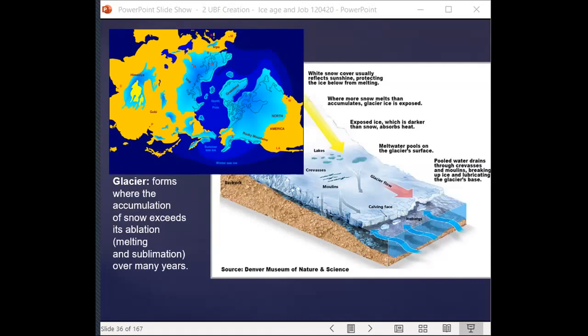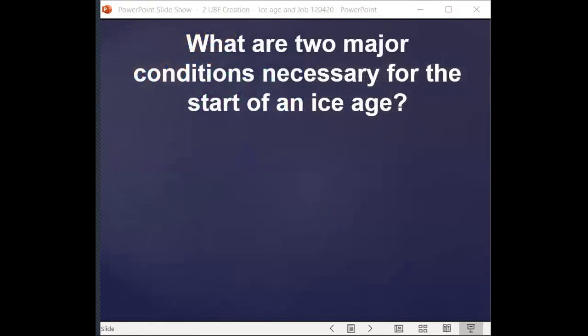In the previous quiz, we learned that a glacier forms by the compaction and recrystallization of snow into ice. This means that during the Ice Age, there must have been a lot of snowfall, right? Now, here is another quiz. What are the two primary conditions that are necessary for the start of an Ice Age?